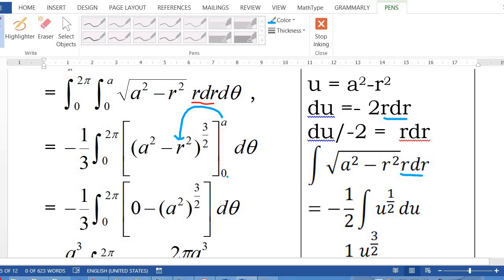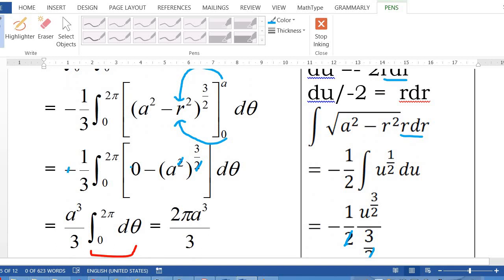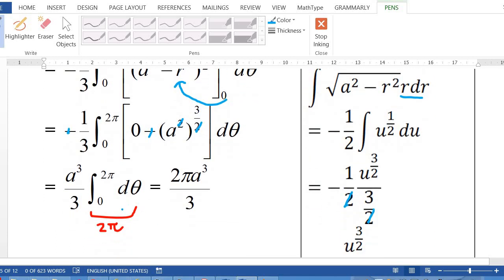Later on, minus the substitution of the lower limit r equals 0, so you have a squared power 3 over 2, so negative and negative cancel and it becomes a cubed over 3. Lastly, integrating 1 with respect to theta from 0 to 2 pi, you get 2 pi. That's why the answer is 2 pi a cubed over 3. This is for surface S1, which is the upper hemisphere.